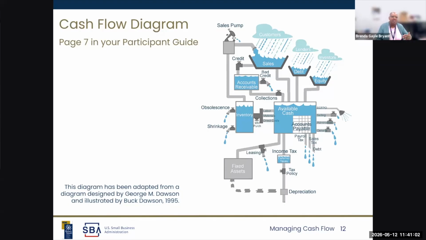It's coming in because an investor put some money into our business, etc. And you need to know why your money is going out. Where is it going and why is it going? It's going to the electric company because I'm paying my electric bill. It's going to XYZ supply company because I'm paying for my materials. So I always need to know what's coming in and why, and I need to know what's going out and why.